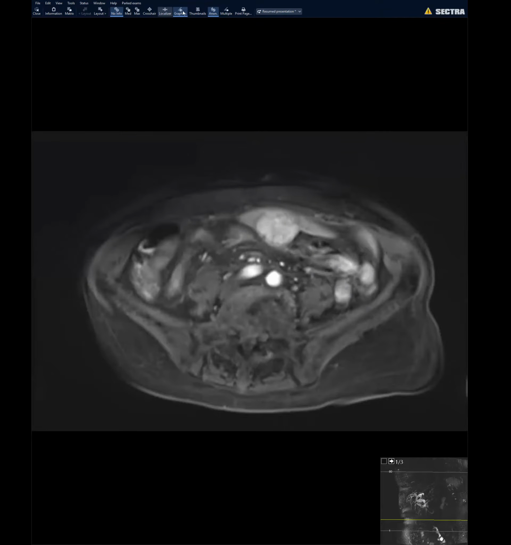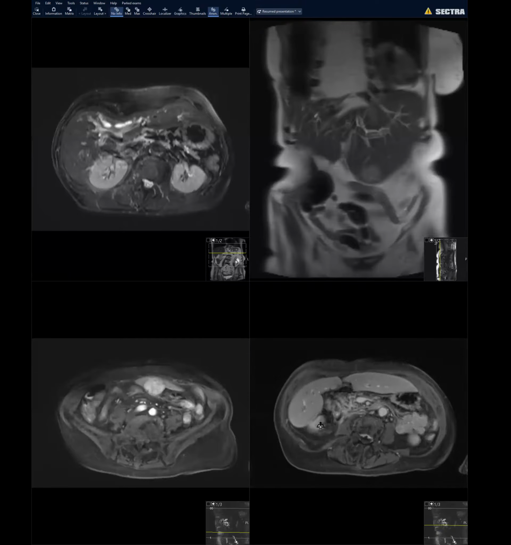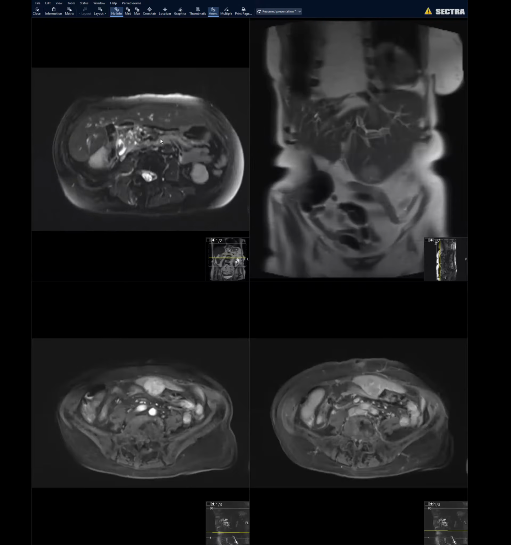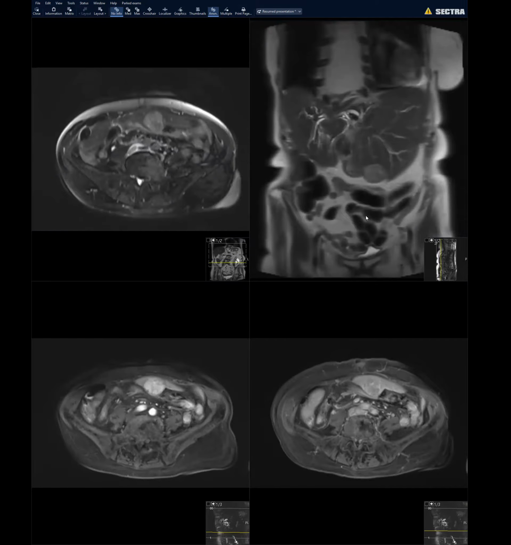And then there is a liver lesion here. So I just wanted to ask everybody, how would they read this out? So that's the arterial phase, that's the portovenous phase, that's T2. And coronal T2.